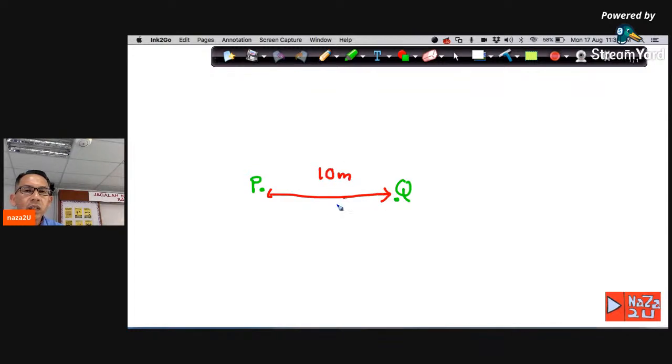So now, if the time taken for the moving object from P to Q is, let's say, 2 seconds, you can find the velocity of the object as displacement s divided by time t. So the displacement from P to Q is 10 meter divided by time t, 2 seconds. So now we have 5 meter per second.